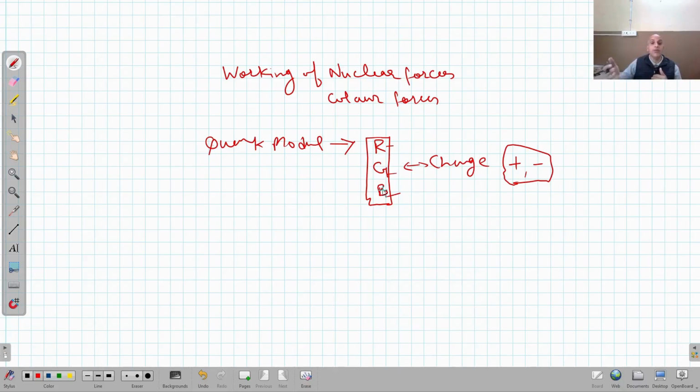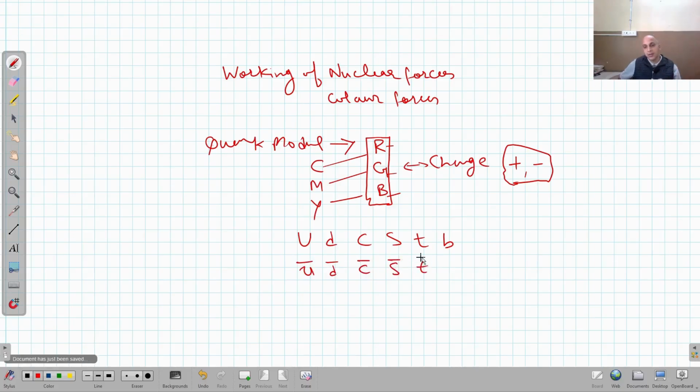And similarly, we know that the anti-quarks, whether it is up, down, charm, strange or bottom, come in 3 anti-colors, that is cyan, magenta or yellow. These are the anti-colors corresponding to these 3 colors. So if I have quarks up, down, charm, strange, top, bottom, then their corresponding anti-quarks, anti-up, anti-down, anti-charm, anti-strange, anti-top and anti-bottom, can be of these 3 anti-colors, whereas the quark can come in red, green, blue.